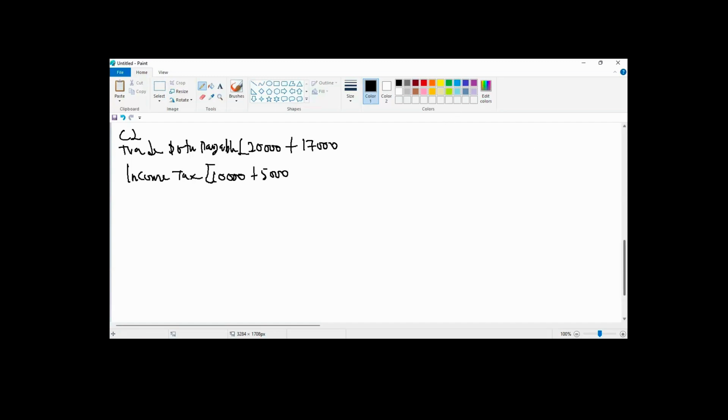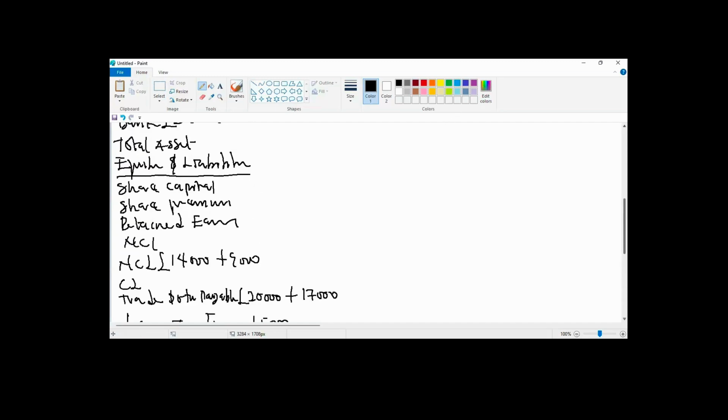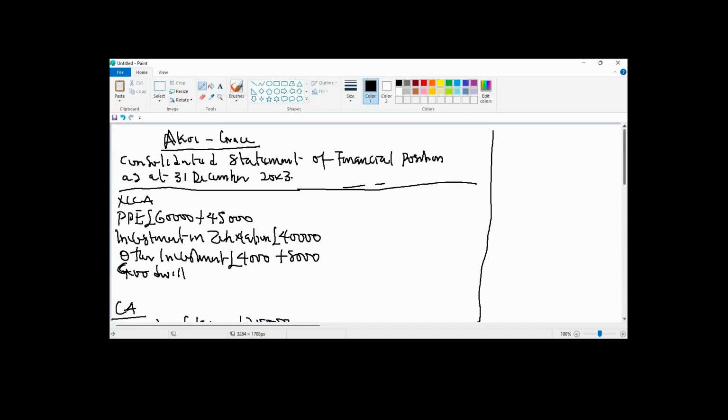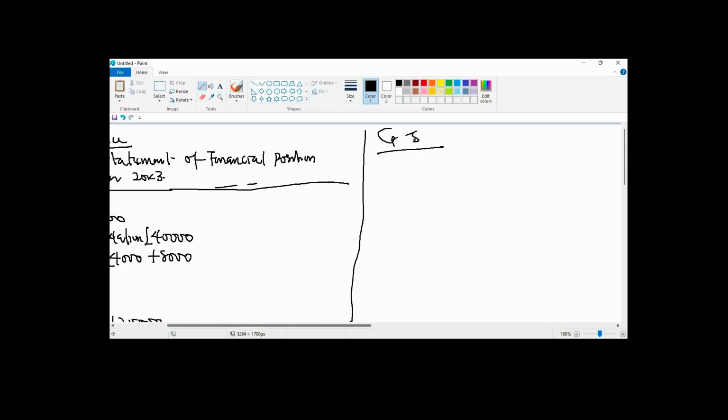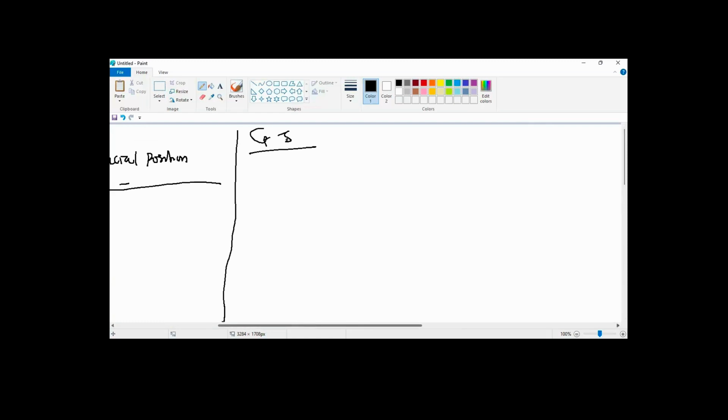To balance this accounting, what do I need? I need group structure. After the group structure, I need adjusted retained earnings of subsidiaries.